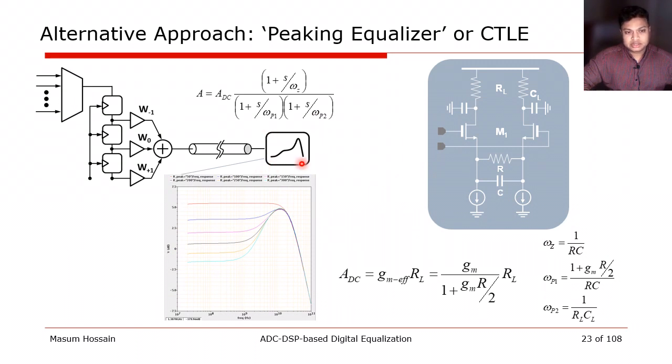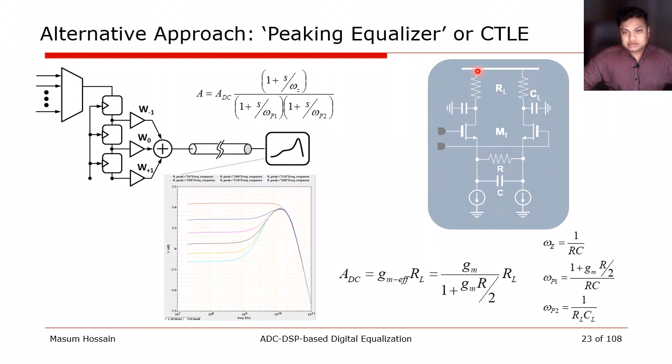This is where we provide high frequency gain with an amplifier, but we intentionally reduce its DC gain to create high frequency boost. This can be done by simply creating a 0 and 2 poles in the transfer function. If the 0 comes before the pole frequencies, then it is expected that such boost behavior will be visible.